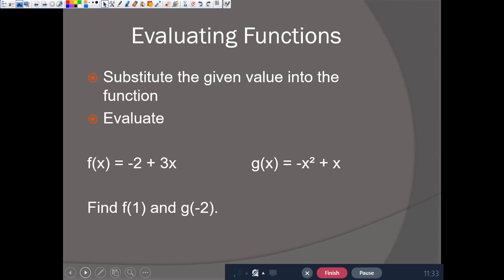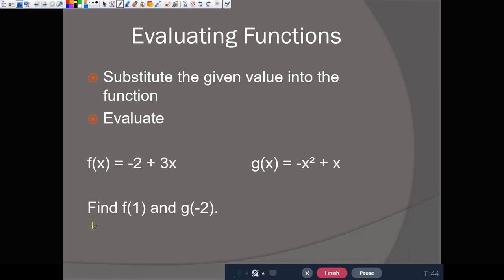So this is going to become f of 1 equals negative 2 plus 3 times 1. Anytime that we substitute a value in, you always put it in parentheses. Okay? So now I just solve my equation. Okay? So 3 times 1 is 3. Negative 2 plus 3 is 1. So f of 1 equals 1.